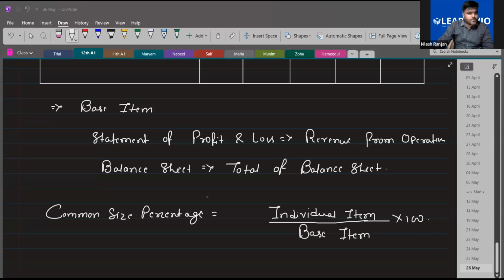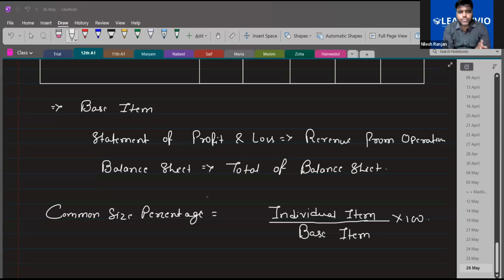But in that, it's written common size. I submitted common size, but I'm not seeing any solution. If you have submitted, it should be here. No, there is no homework uploaded. I'll check. Okay, please check.